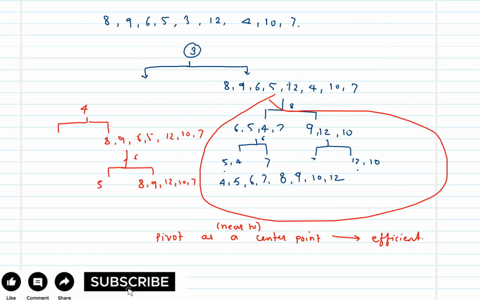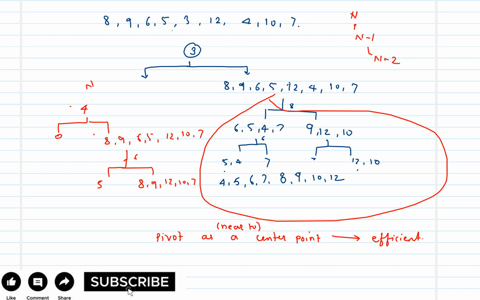In case of the worst case, every time we'll be choosing a smaller pivot point. So the array of size n was getting divided into an array of size n minus 1, and next time n minus 2, because we are getting a one-sided tree and on this side there is nothing. So I have n elements in the array: one pivot, and the remaining n minus 1 elements go into another array, and every time I am traversing the entire array.